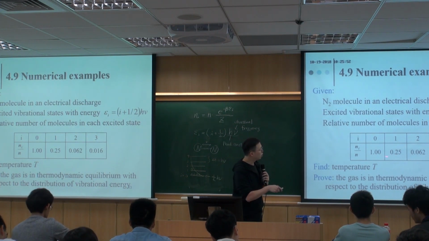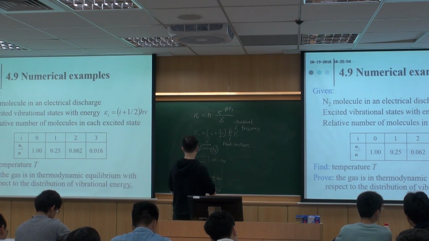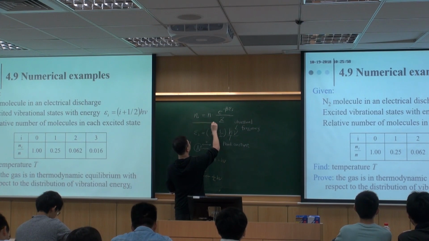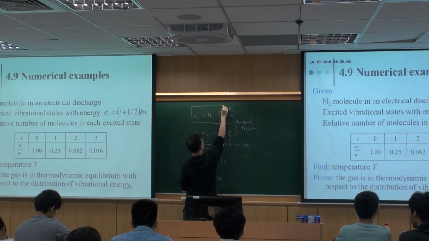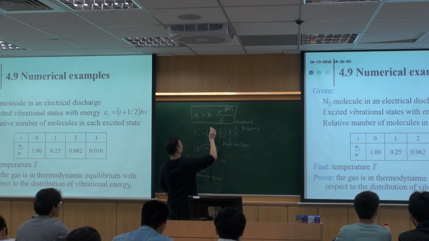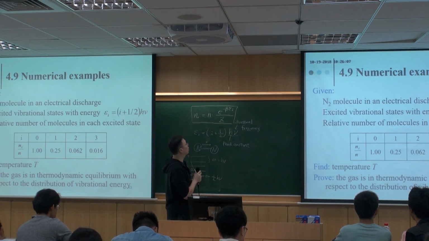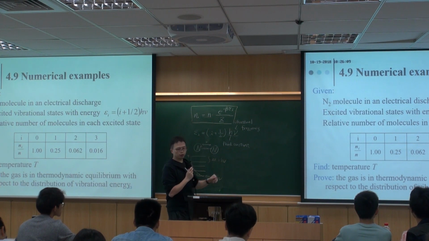It means that this distribution, this curve, should satisfy this. So we need to show that this distribution given by the problem satisfies this distribution.